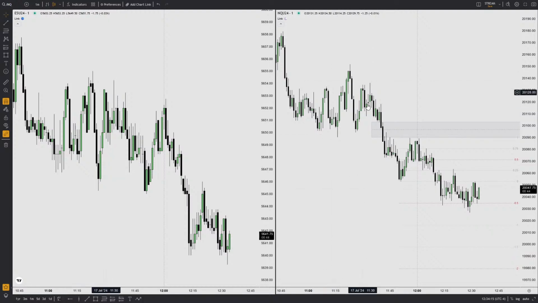Because we have accumulation, expansion, but this expansion, how would you say it? It's not in sync, you know, it just feels very decoupled, and I mean not in terms of direction, but in terms of the lower time frame expansions.